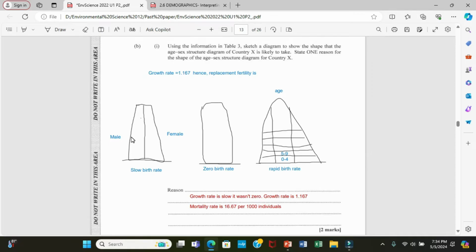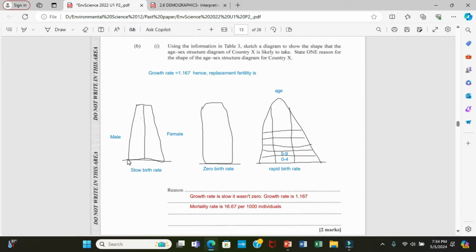I will soon show you the parts of the age-sex structure. Over here we have the male population, over here the female population, and of course we have age in between, but I'll choose this one. Let me explain it again, and then I'll show you some others.